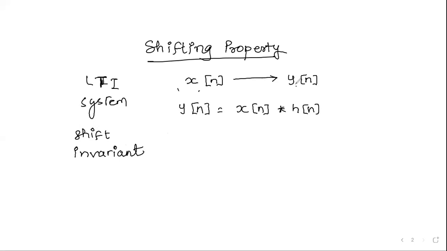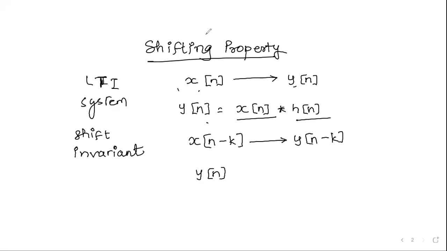Fine. So x of n gives you y of n. Y of n is equal to convolution of x of n and h of n. Right. Now, if x of n is shifted by k, then output will also be shifted by k. Right. This is the property of linear time invariant system. So that means y of n minus k is equal to x of n minus k convolved with h of n.